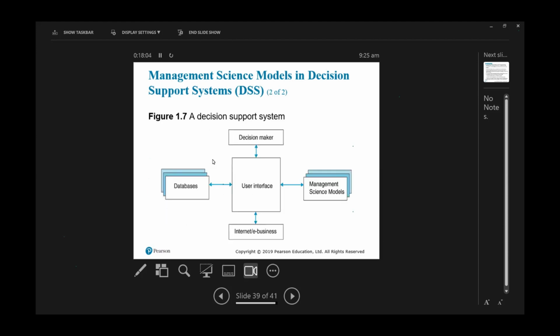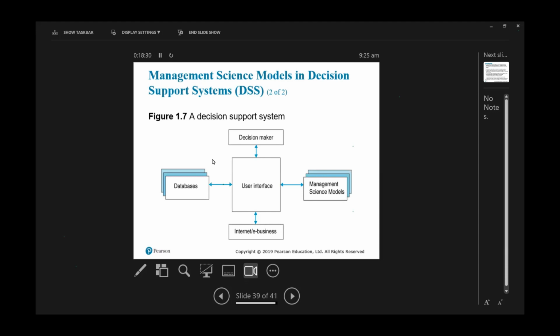Now, this is how management science is integrated with decision support systems. So you have a user interface, the decision maker is here, then there's a database connected to the interface. Then you have the internet, which is running the entire system.